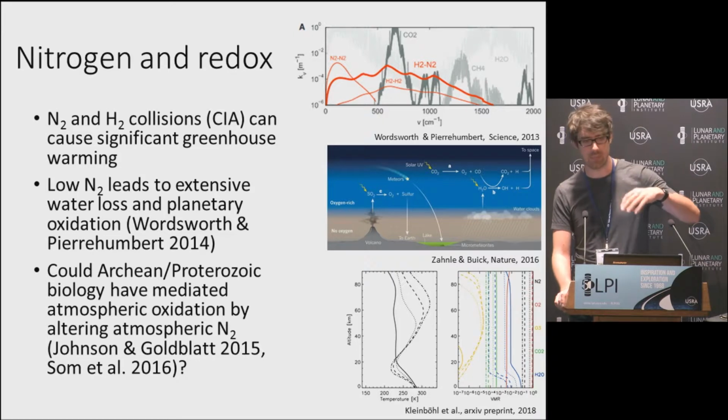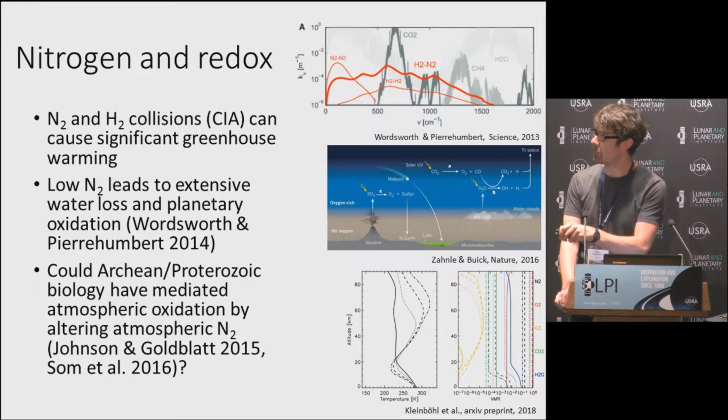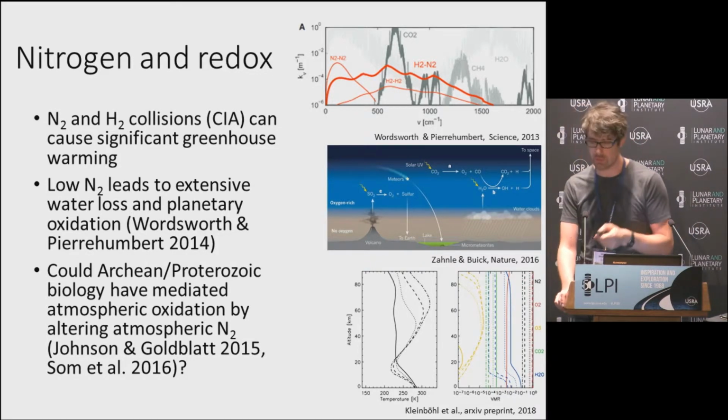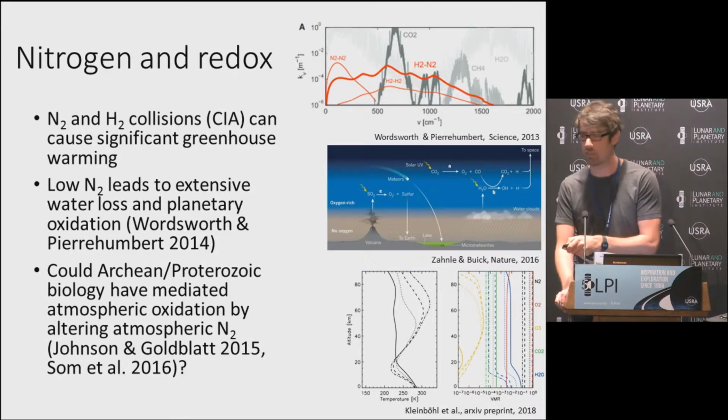The reason for this is that when the partial pressure of nitrogen becomes low, the tropopause moves upwards, and eventually you get to a point where water vapor can get into the high atmosphere. So again, those H2O molecules are exposed to UV photons, which can dissociate them and allow enhanced hydrogen to escape to space. So we hypothesized that this would be an important process for exoplanets a few years ago.